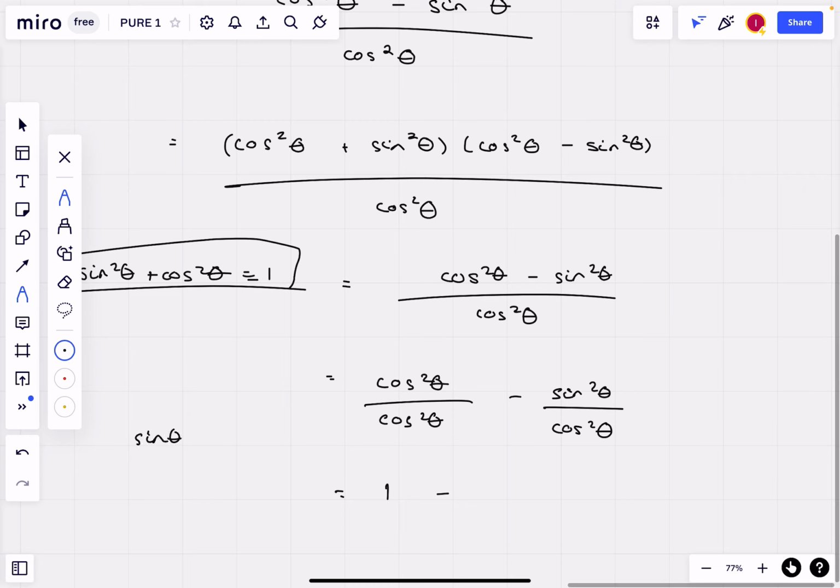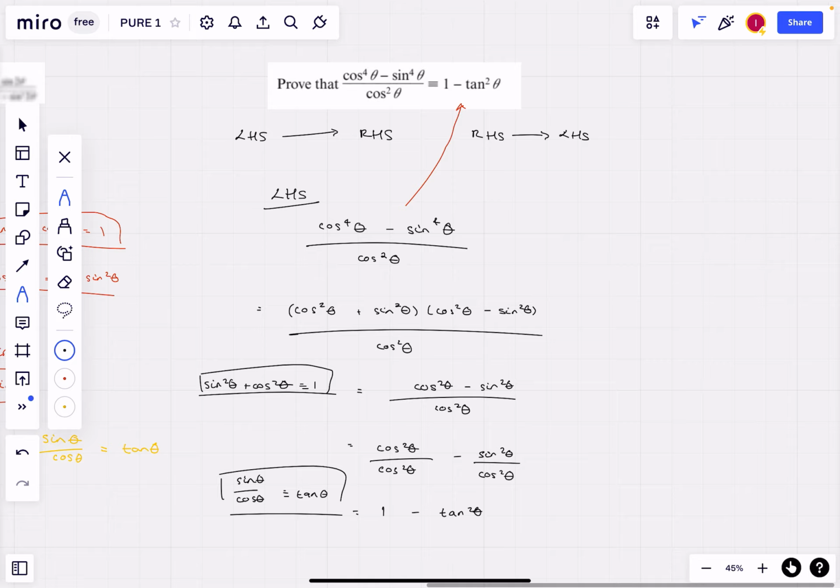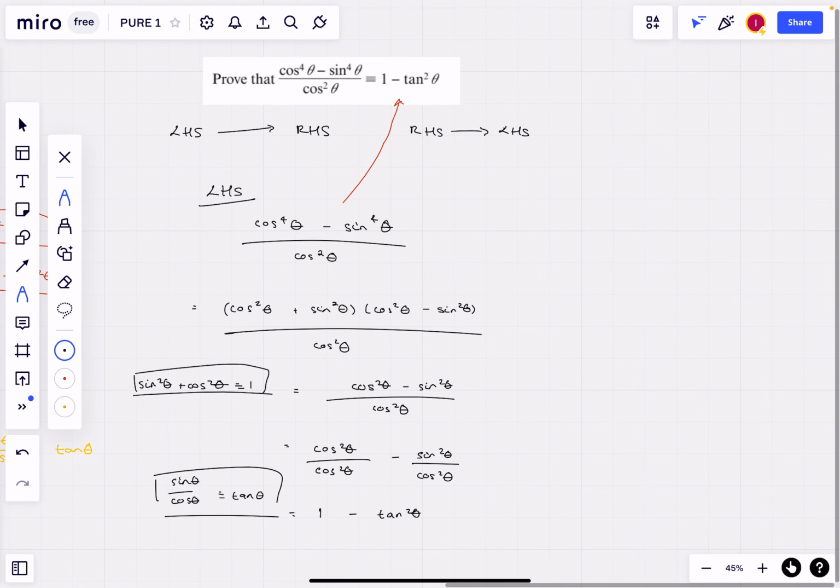Sine theta over cos theta is tan theta. So that means sine squared over cos squared is tan squared. There you go. It says, prove that left-hand side equals right-hand side. I just did. I started from the left, I made my way to the right-hand side. That's how you do that.